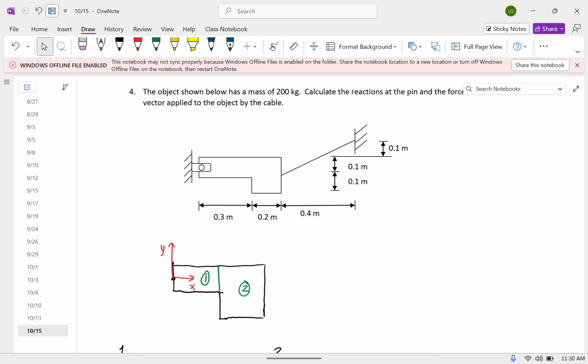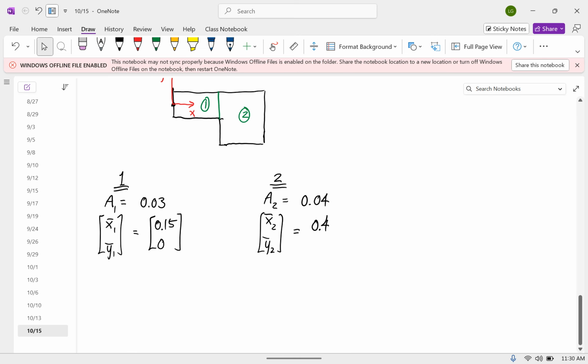So it's just going to be 0.05 from the origin to the centroid of that second rectangle, and that's in the negative y direction. And the total area is 0.07.